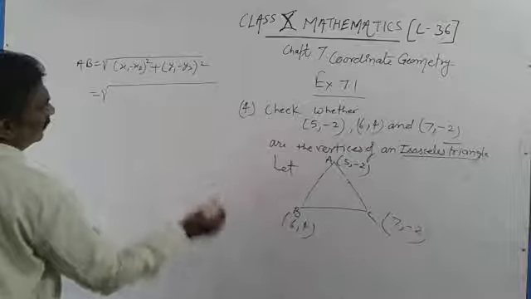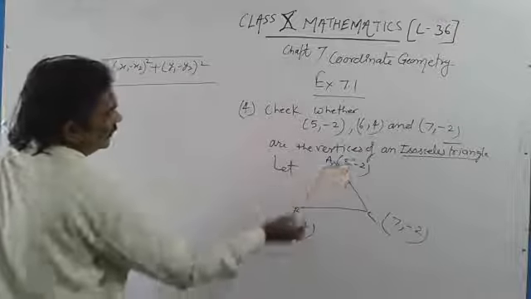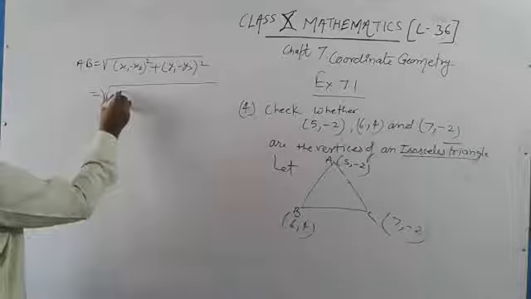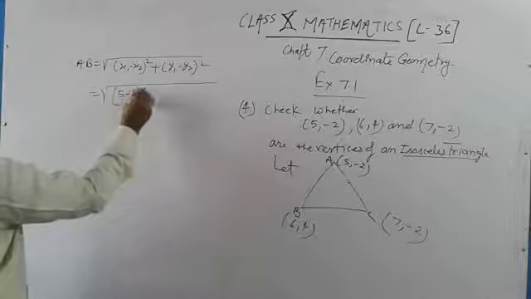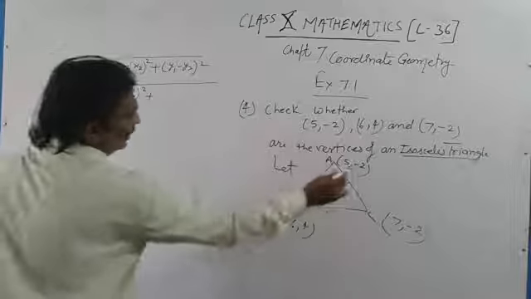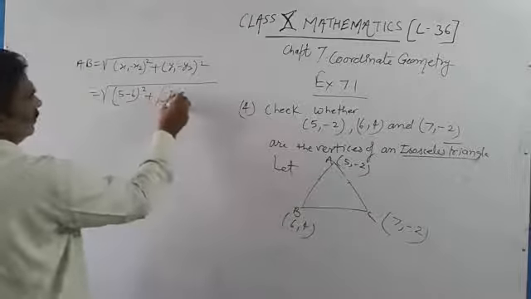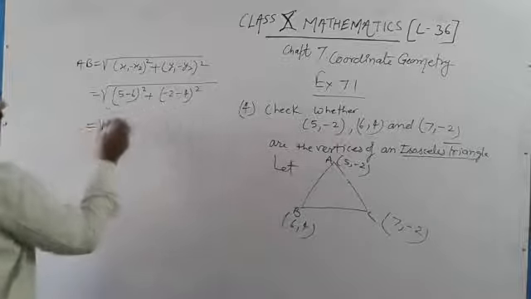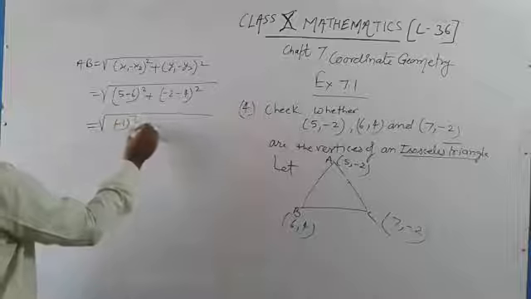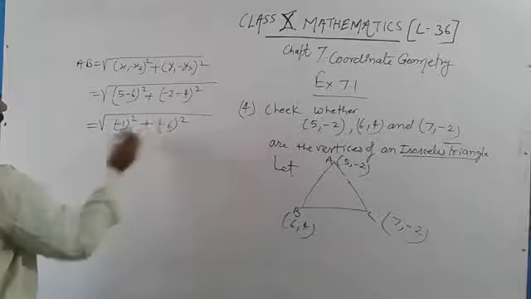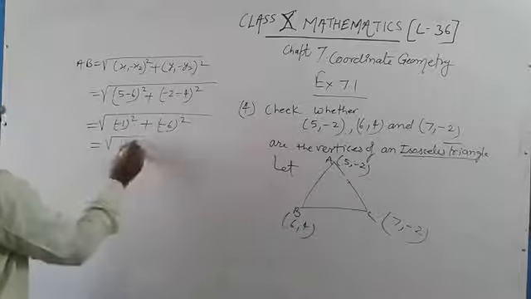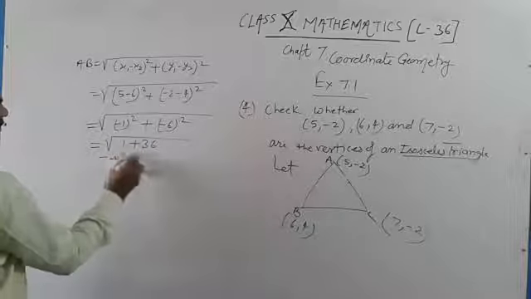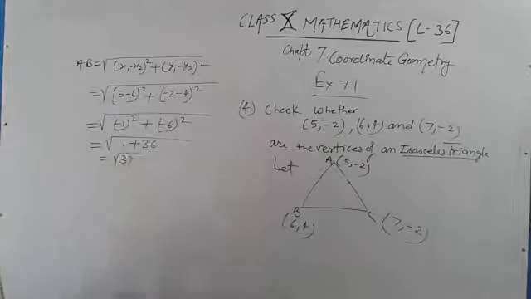Putting these values for AB: 5 minus 6, plus y1 minus y2, minus 2 minus 4. So you will get (-1) square plus (-6) square. So it will be 1 plus 36, that is square root of 37.